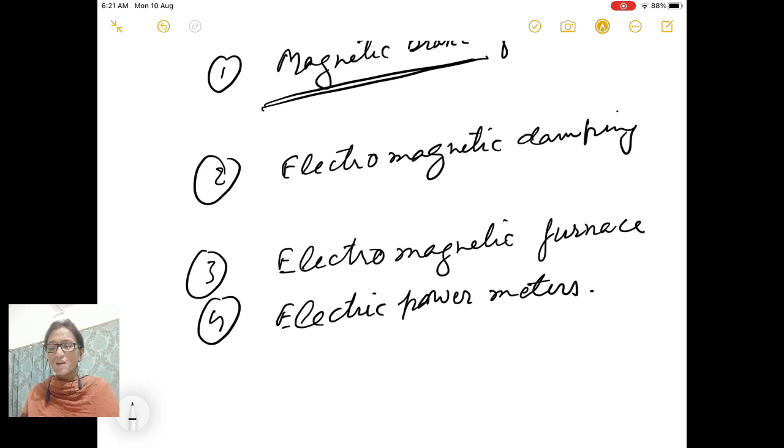Third one is the electromagnetic furnace. In an electromagnetic furnace, the metal which we need to melt is kept wrapped under wires.